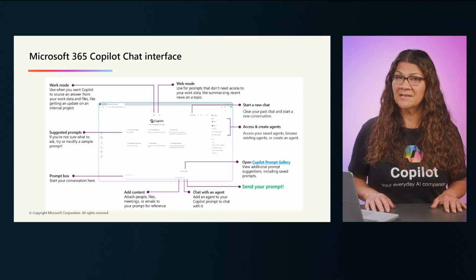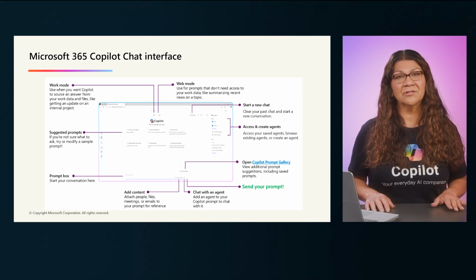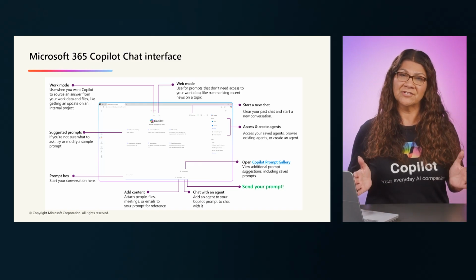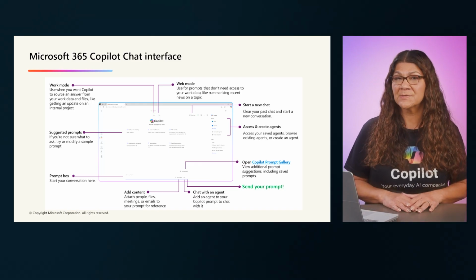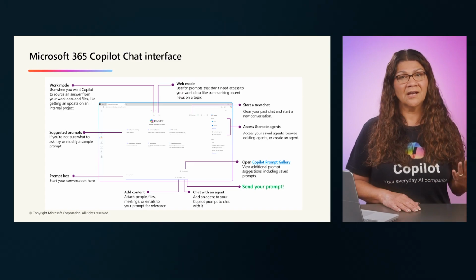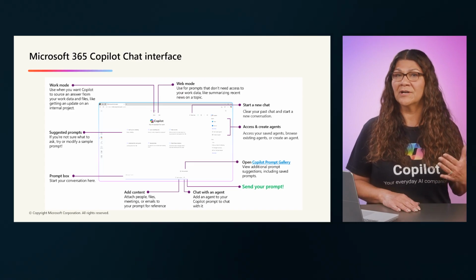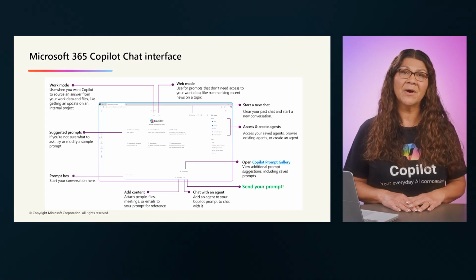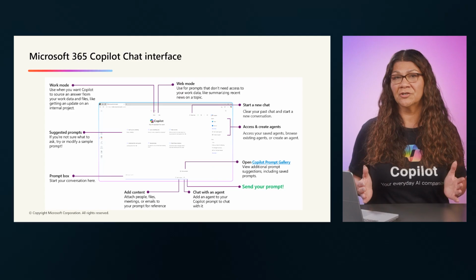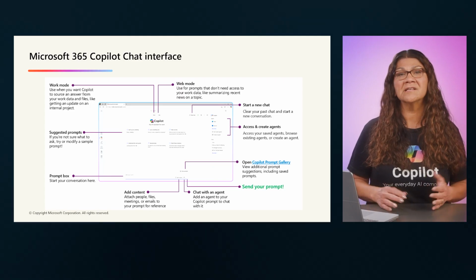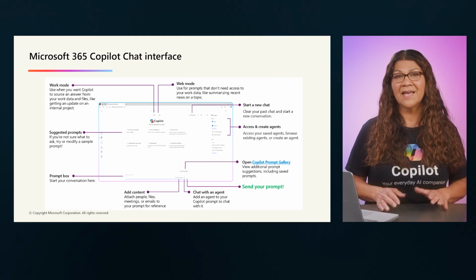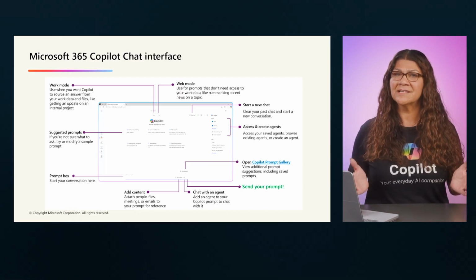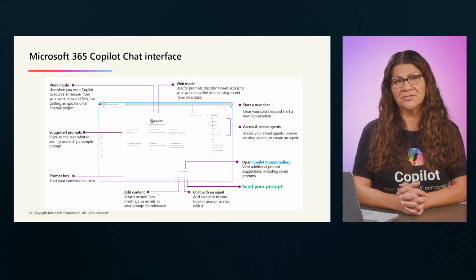Along the right side, Start a New Chat lets you clear your workspace and reset your thinking. Access and Create Agent helps you to manage task-specific agents, for example, a content rewriting agent or an exam prep agent used for repeatable workflows. The Copilot Prompt Gallery provides curated prompts and reusable patterns that promote consistency and best practices across teams, especially useful for trainers, analysts, and project managers.